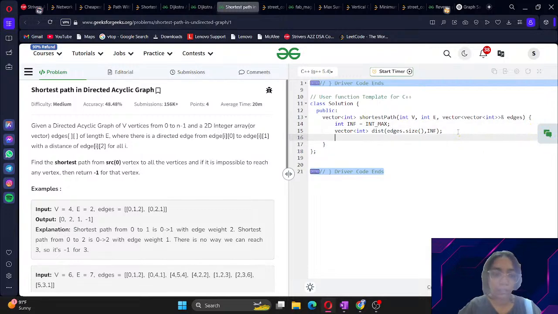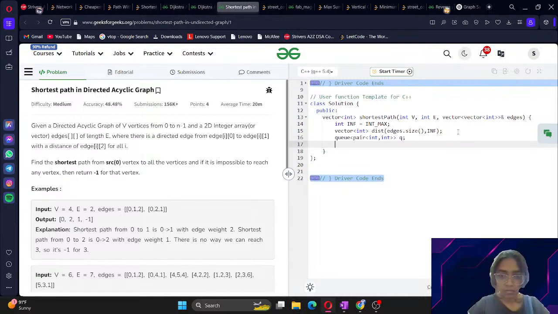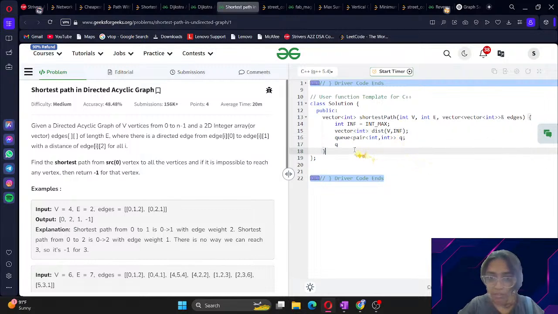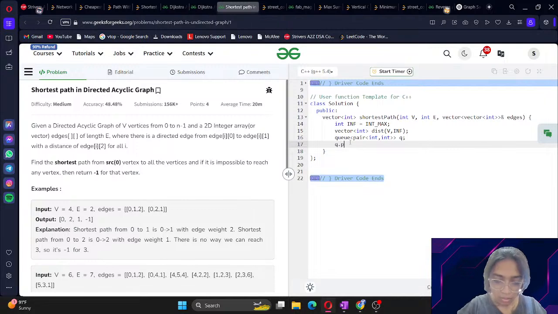Now what we're gonna do is we're gonna initialize q and we're gonna push. Let us keep it as it would be better this way. So we're gonna push 0, 0.